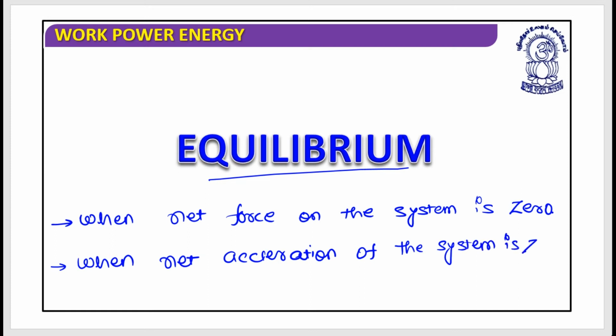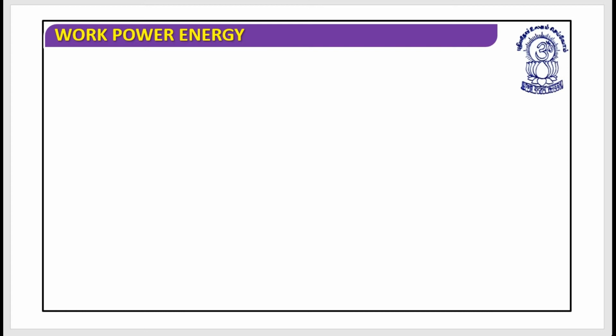So when I say equilibrium, I mean these two things: net force is zero, and if the net force is zero, its acceleration must be zero, because we know from Newton's second law of motion that sigma F equals mass times acceleration. I hope this is clear. Now we are going to discuss equilibrium in relation with potential energy as well.